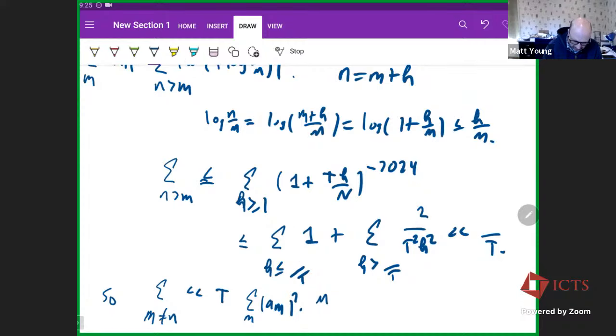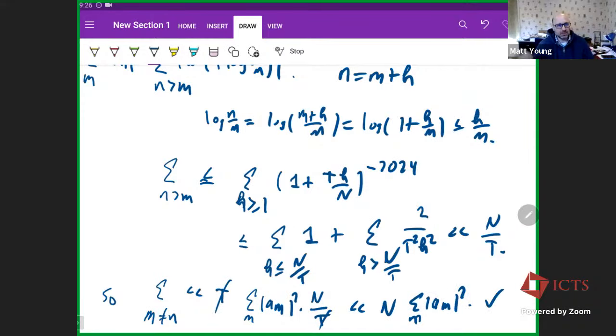Okay, we'll fix it. So the T's cancel, and you just get N times the L2 norm squared of your coefficients. And that's the other term in the bound. So we always have these two terms, one from the diagonal and one from the off diagonals.